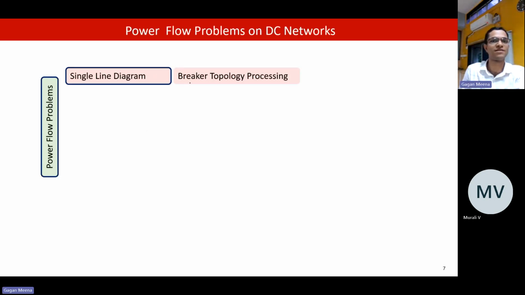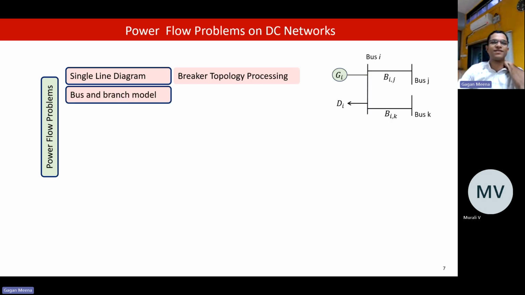And yeah, we discussed this in power flow problems. We discussed all these things. Single line diagram: for any network, we always want to see it represented using a single line diagram. Especially the transmission system and distribution system, we can draw a single line diagram. But can you tell one difference between the single line diagram for a transmission system and a distribution system?